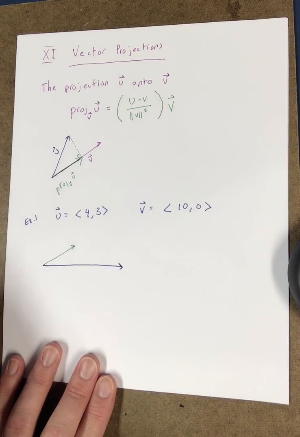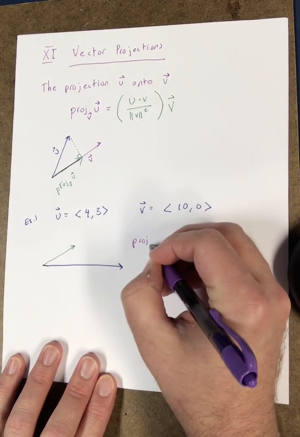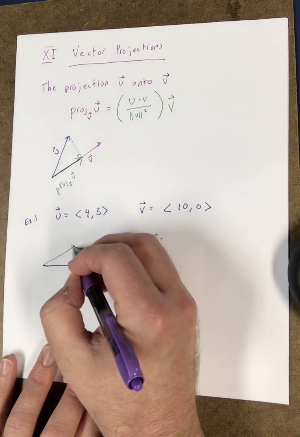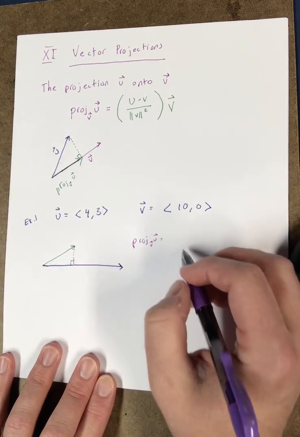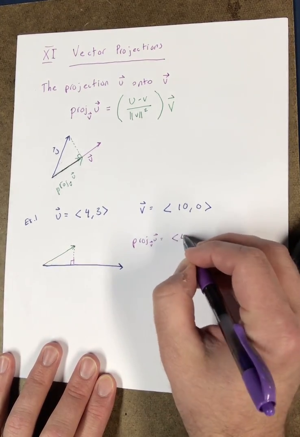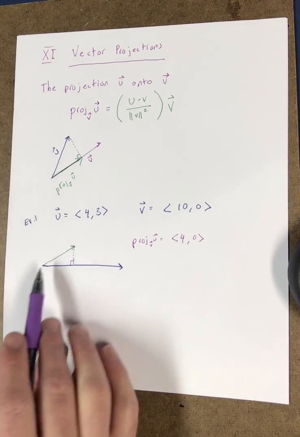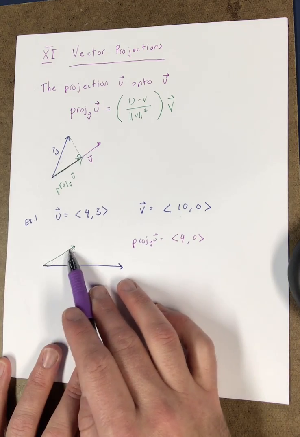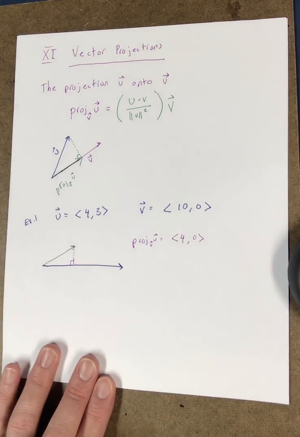The projection of u onto v is ultimately just going to be the horizontal component of this vector. So we know that it's going to be (4, 0) without doing any math, because it's a straight horizontal line and the part attributed of u to v is (4, 0).